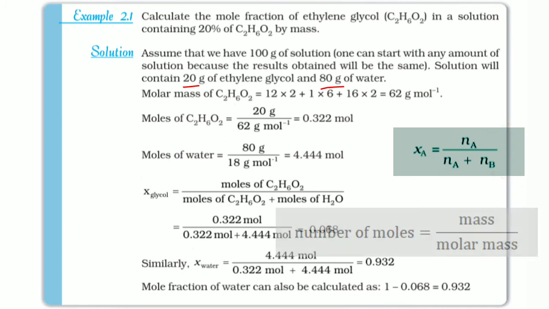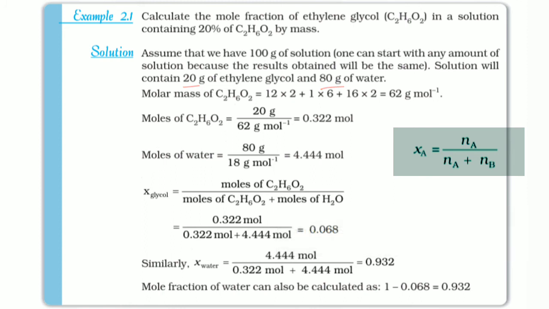We know that number of moles is equal to the mass of that substance divided by the molar mass of that substance. So we have to find the molar mass of these components, ethylene glycol and water. The molar mass of ethylene glycol can be calculated like this: the mass of carbon is 12 and 2 carbons are present, so 12 into 2, plus hydrogen mass is 1 into 6 hydrogens, so into 6, plus oxygen 16 into 2, which is equal to 62 gram per mole.